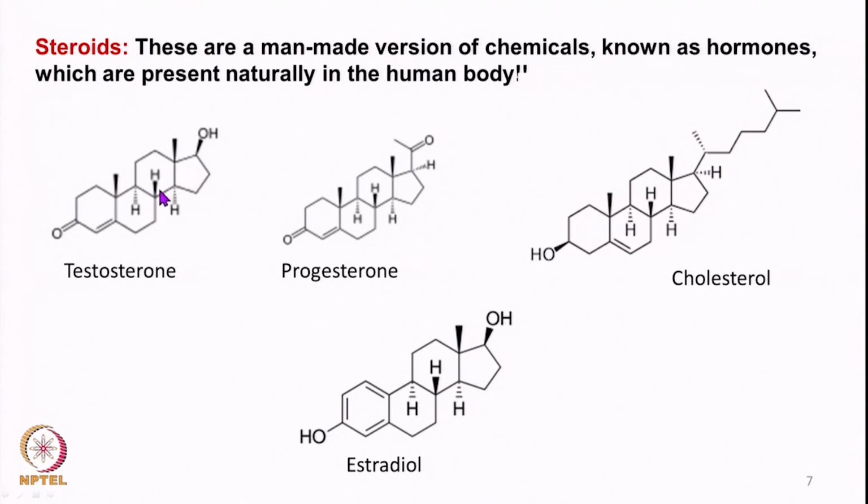As you can see also that the junctions are trans oriented and that is the common feature in all the cases. Therefore, synthesis of these steroid molecules or the hormones becomes very important.